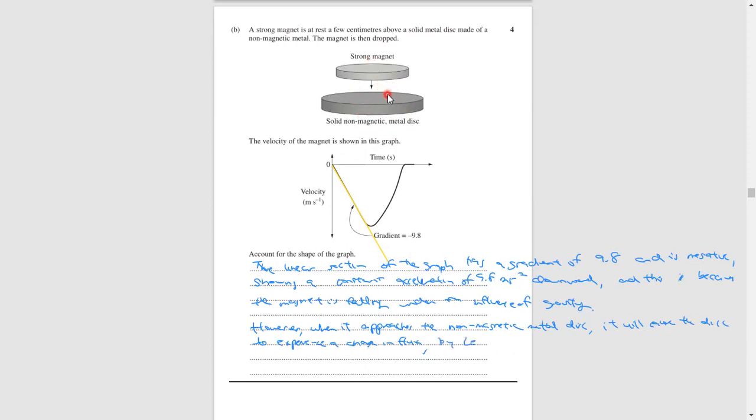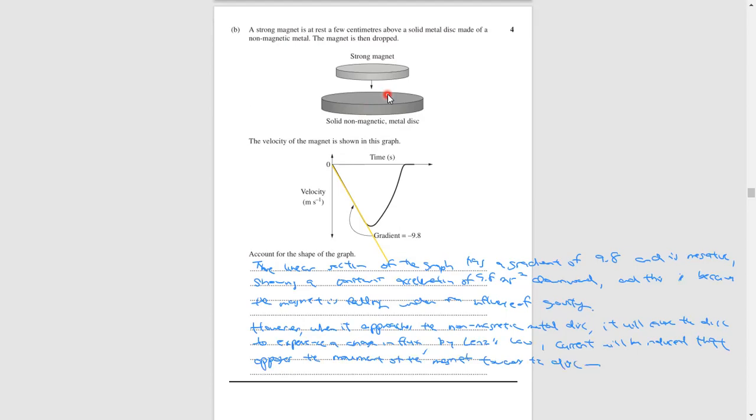So by Lenz's law, a current will be induced in a way that opposes the movement of the magnet towards the disk.